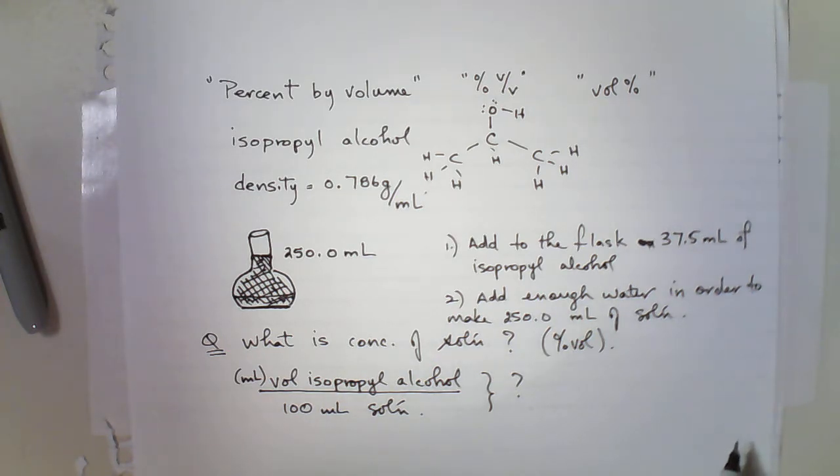That's what I want to know. And so I could do the cross multiplication, or I could just say 100 exact milliliters of solution multiplied by the rate that I do know.